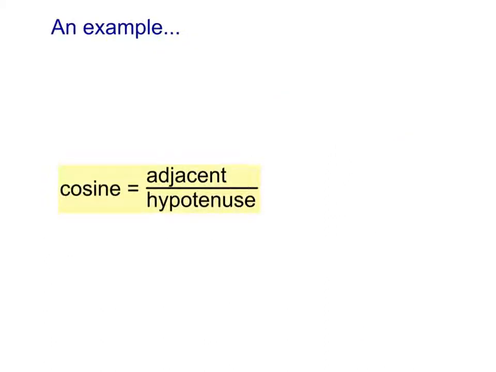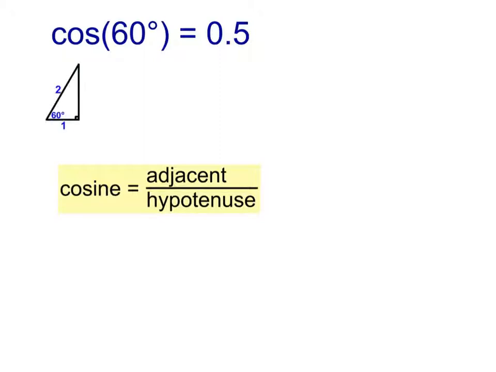Now, I want to look at one particular example of this. So I'm going to focus in on cosine here for an example. The cosine of 60 degrees equals exactly 0.5. If you plug that in your calculator, it tells you 0.5. But what does that really mean in terms of these triangles that we're talking about? Well, here's a triangle. Remember, cosine is adjacent over hypotenuse.